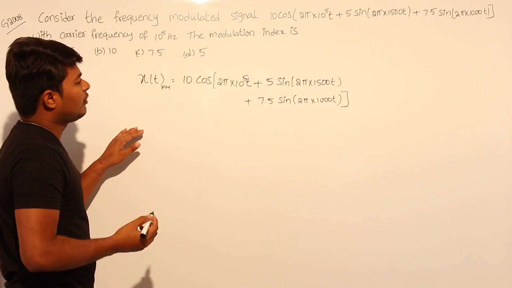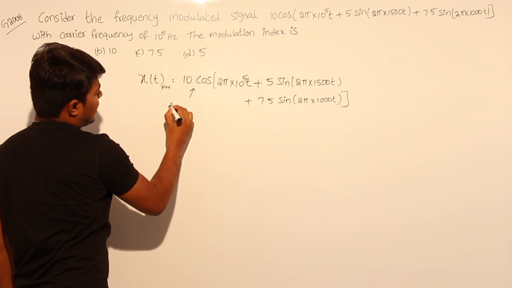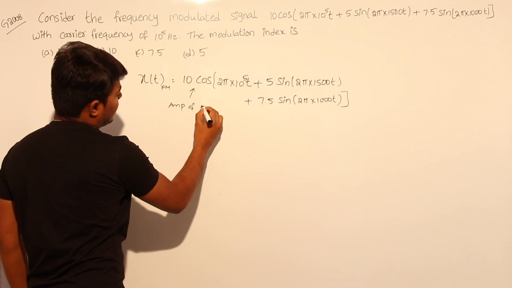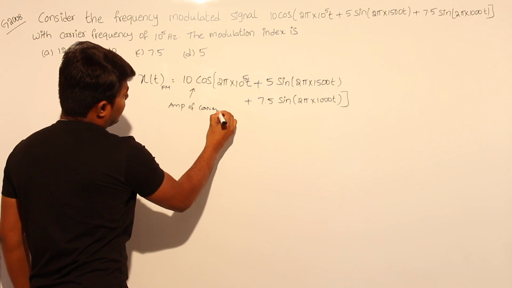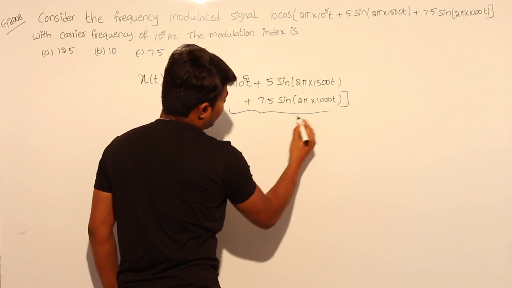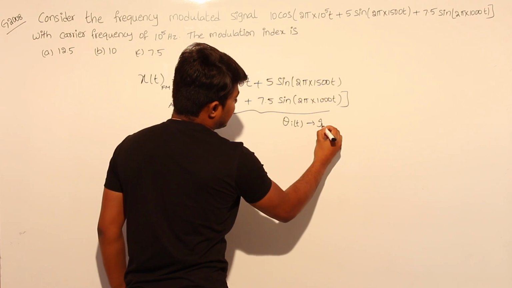Now if you observe this, this is the amplitude of the carrier signal. Now this is in the form of theta i of t, which means instantaneous angle.